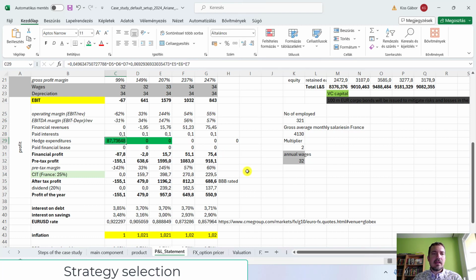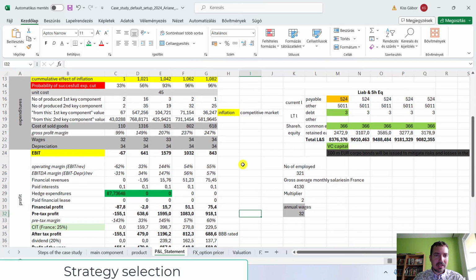So yeah, already we purchased the options, already we have huge losses.